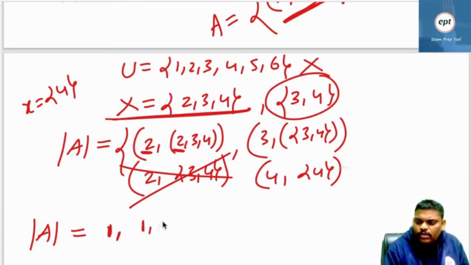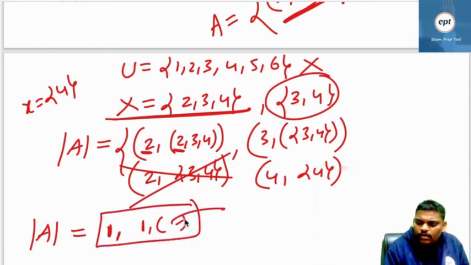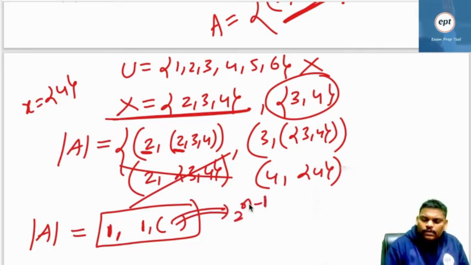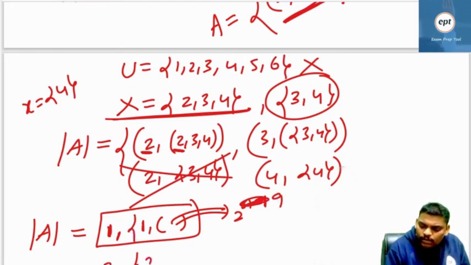2 power n minus 1. So the other elements can be chosen in 2 power n minus 1 ways, which here is 2 power 5. In a similar way, if you take 2, compulsory here 2 should be there.